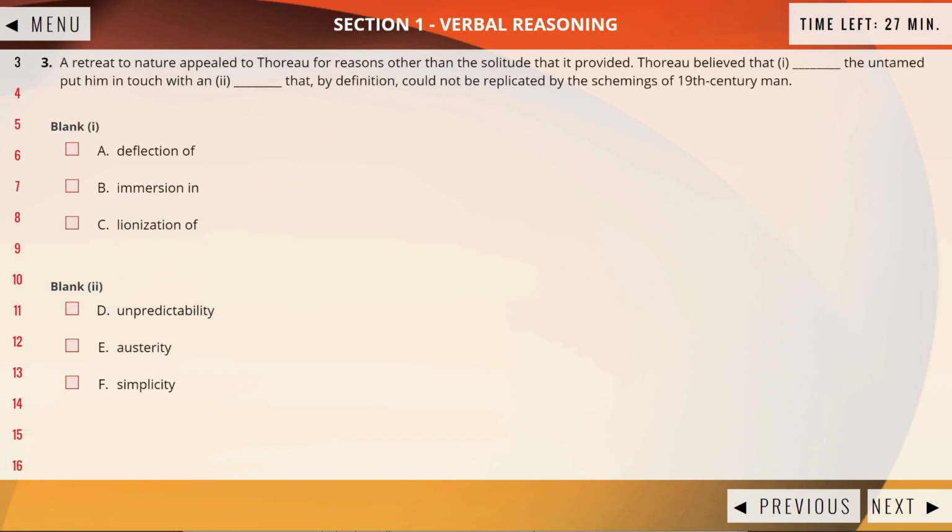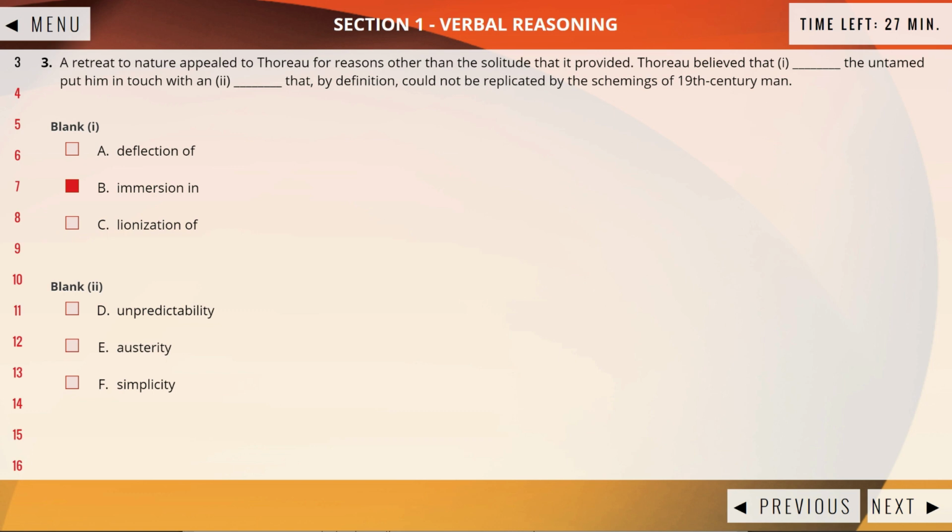A retreat to nature appealed to Thoreau for reasons other than the solitude that it provided. Okay, Thoreau believed that something, the untamed, put him in touch with, believe that immersion in, just being immersed in the untamed put him in touch with a something that by definition could not be replicated by the schemings of 19th century man.